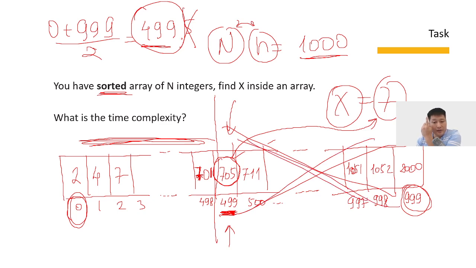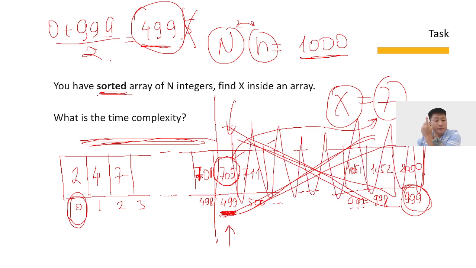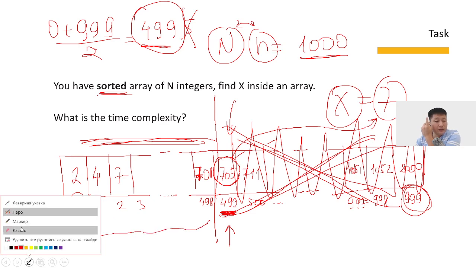We did just one comparison, and now we know that our number is in the left half of the array, and we ignore the right half. Now the array where we're searching is only the left half.